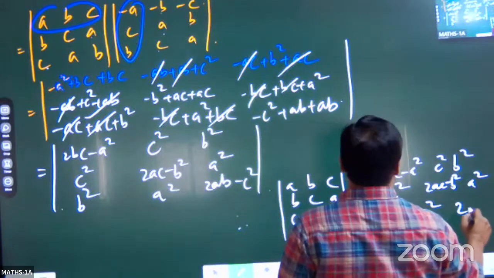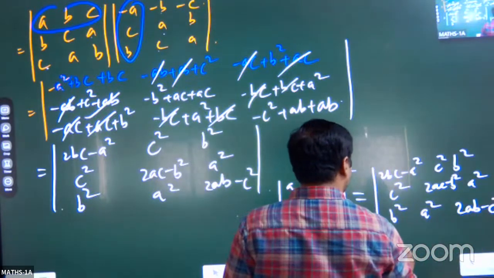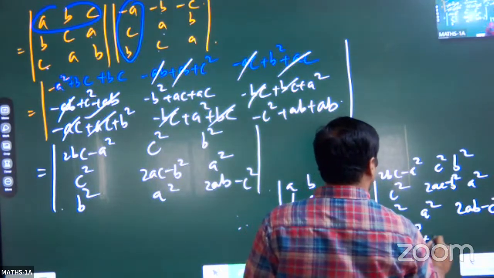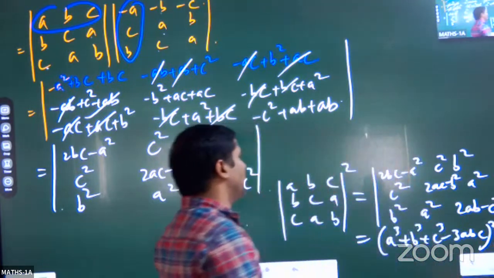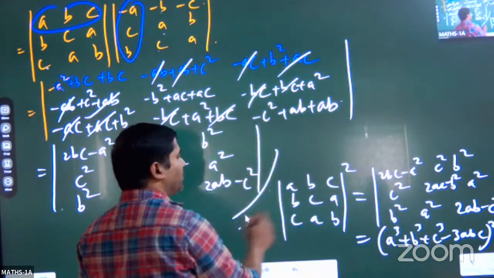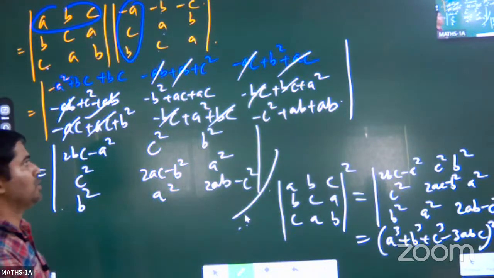That is 2AB minus C square, which is equal to (A cube plus B cube plus C cube minus 3ABC) whole square. Is it clear? So this is what we have to prove, and just now we proved it. Okay, right. So I hope you understood.